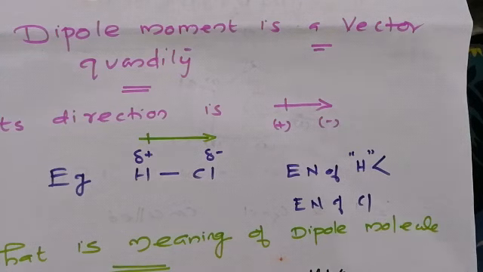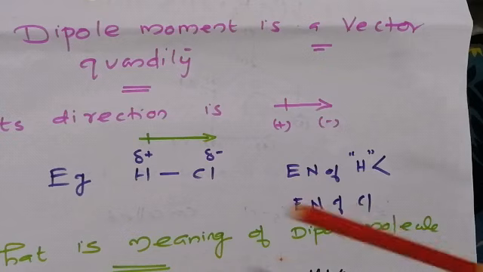Therefore, to draw the direction of dipole moment along a bond, put the positive charge on the atom which has lower electronegativity than the other atom which has higher electronegativity. Therefore, the direction starts from the lower electronegative atom to the higher electronegative atom.